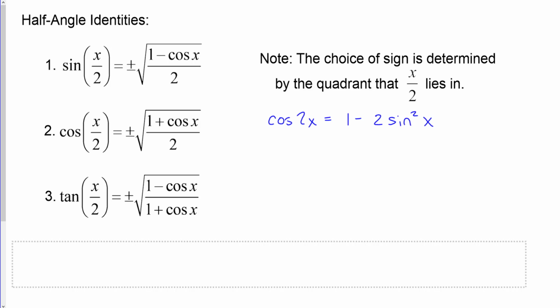The way that we do this is first start off solving for the sine of x. If I subtract 1 from both sides, I would have cosine 2x minus 1 equals negative 2 sine squared x. Then if I divide everything through by negative 2, the negative is going to reverse the order of the numerator because it would make it negative cosine 2x plus 1.